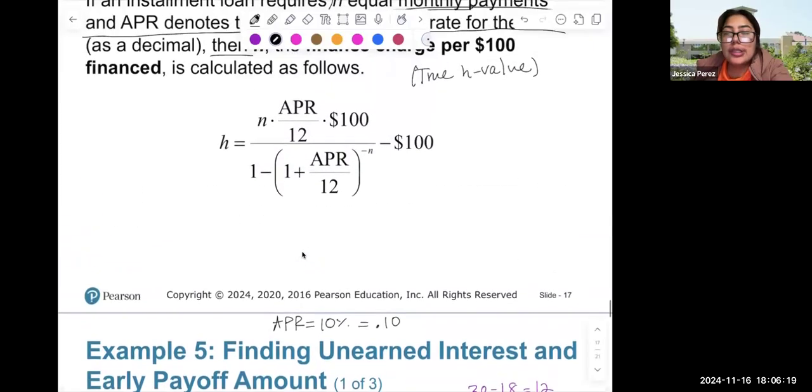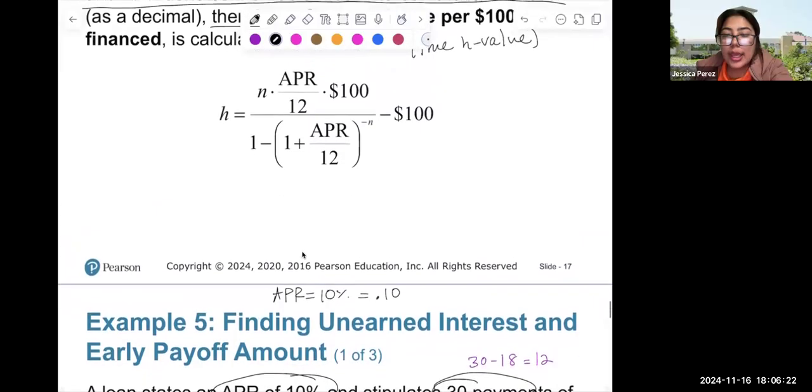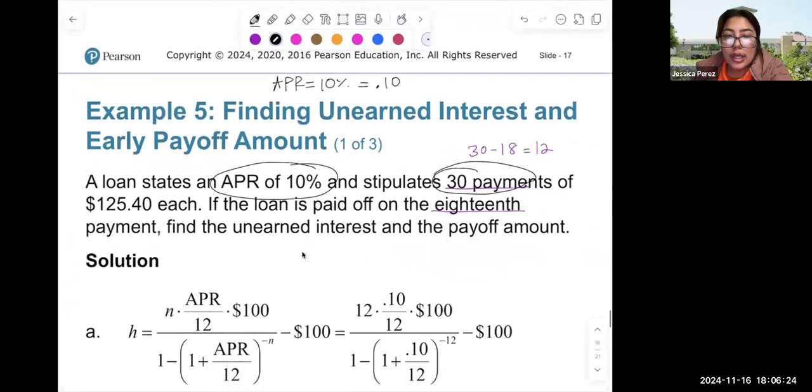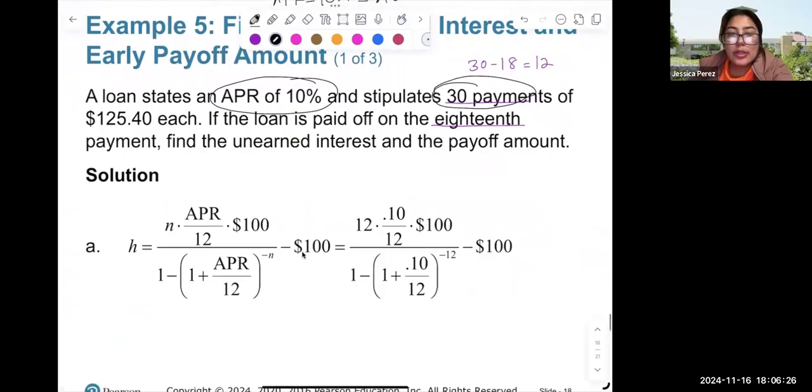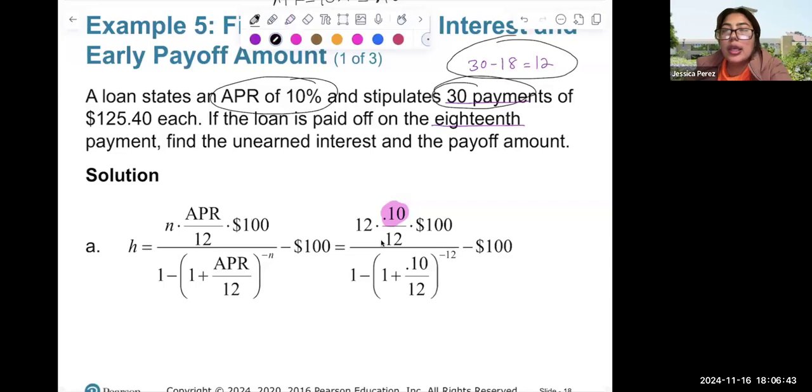Well, we're going to have to use this H as well and find the unearned interest. So there is the formula that we just learned. N times the APR, there's the APR right here, over 12 times 100. So the APR was 0.10. The N of 12 comes from the original number of monthly payments being 30, but you paid on the 18th month. So 30 minus 18 gives you 12. So that's why N is equal to 12.